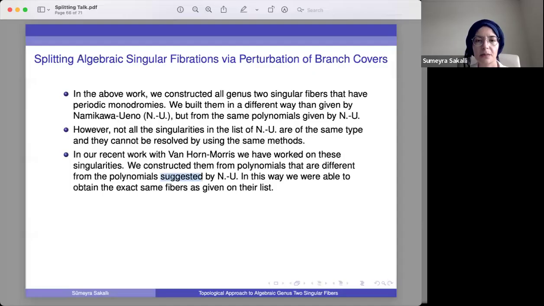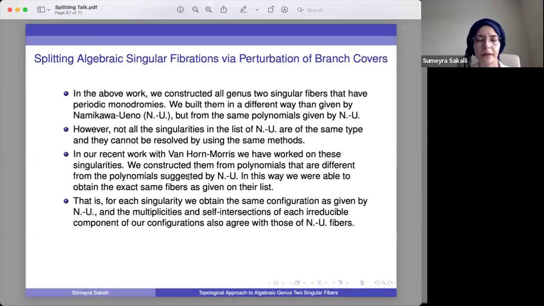Here I say suggested by Namikawa-Ueno because they don't show us how to obtain them. The paper is very long, but they do a couple of cases in the paper. Of course, they cannot do 120 types. So for those types, there is no proof in their paper. They just say that this is the polynomial for this configuration, but that polynomial doesn't give us the desired configuration. So we have found different polynomials and we obtained those fibers.